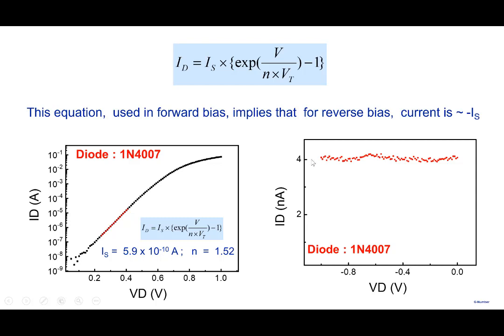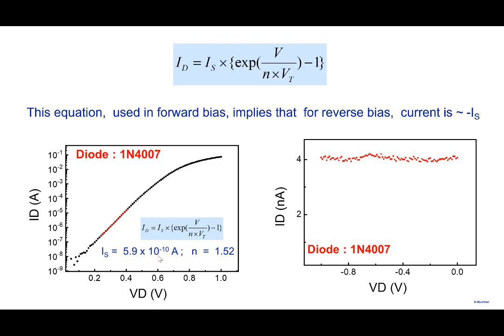What you find is 4 nanoamperes. So what is the actual reverse saturation current? In reverse bias the current has saturated, and this value is 4 nanoamperes, while the IS that I extract from the forward characteristic is 0.6 nanoamperes.